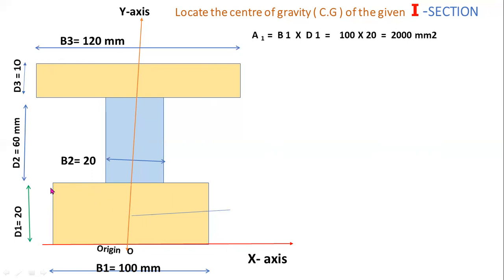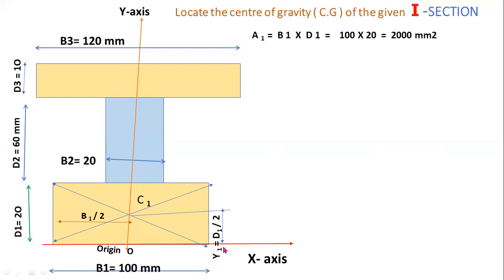Now I am drawing the diagonal lines for locating the centroid of the bottom rectangle. This intersecting point is the centroid of the bottom rectangle. Let C1 be the centroid of the bottom rectangle. Here y1 is the distance of centroid C1 from x-axis.